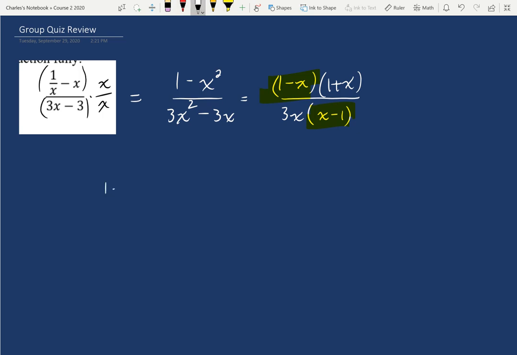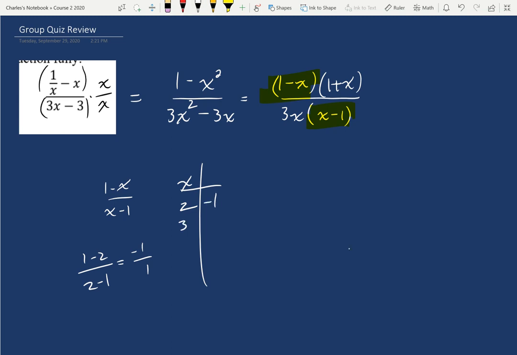And if you think of what happens when I have 1 minus x and x minus 1, if I plug in a number for x, for example, if I plug in 2, I'm going to get 1 minus 2 over 2 minus 1, which is negative 1 over 1, which is negative 1.